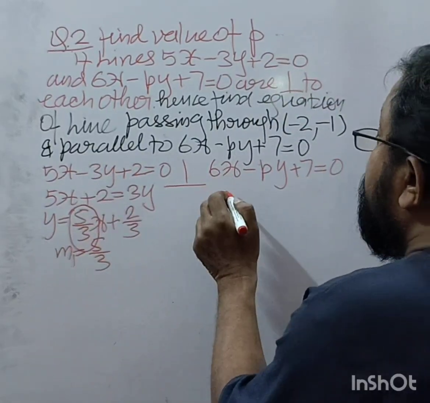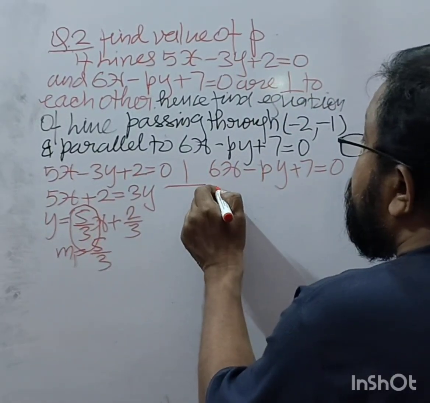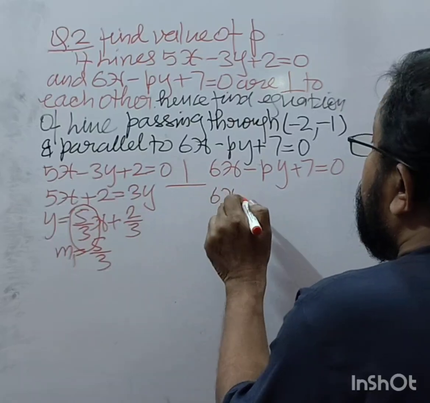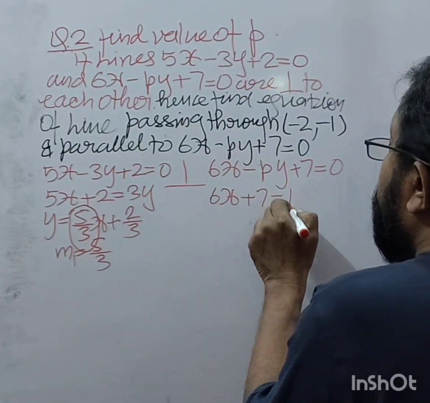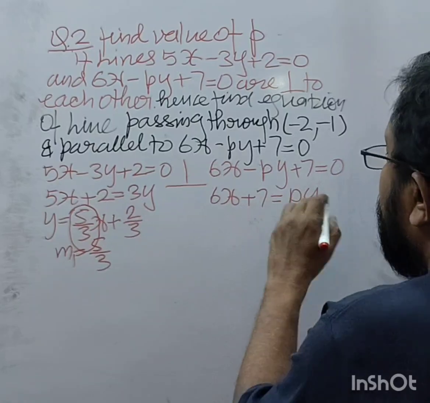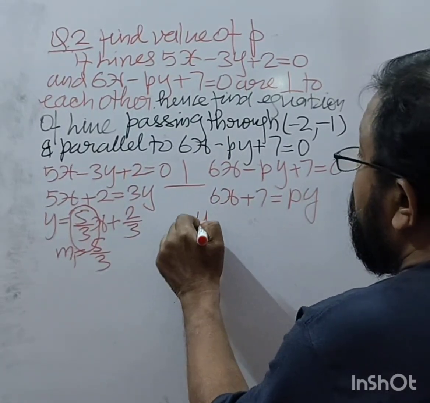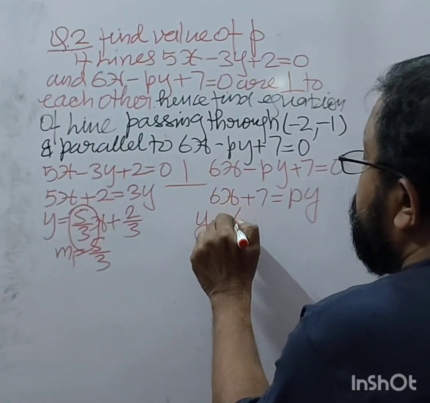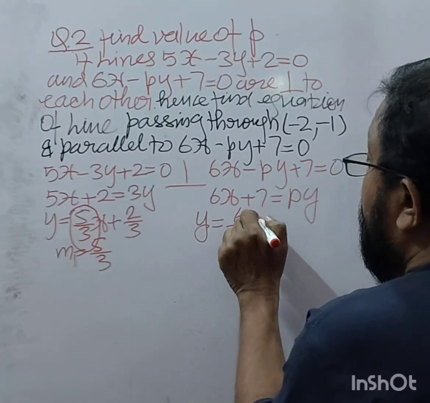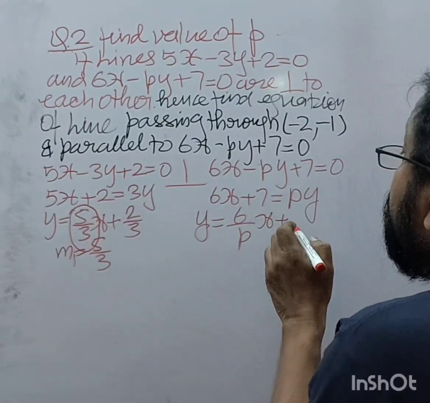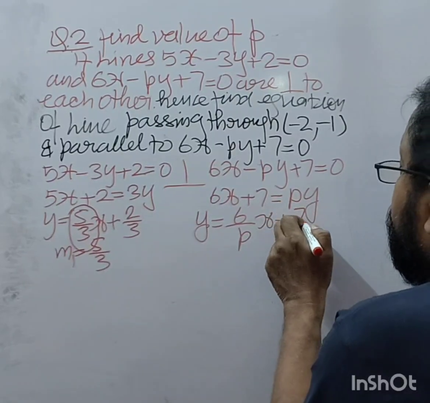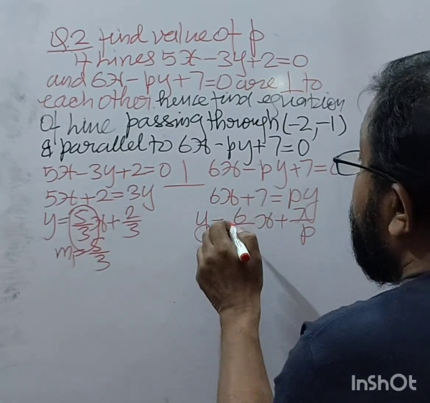And if we solve this, we can write 6x plus 7 is equal to py. So y is equal to 6 upon p x plus 7 upon p. Right?